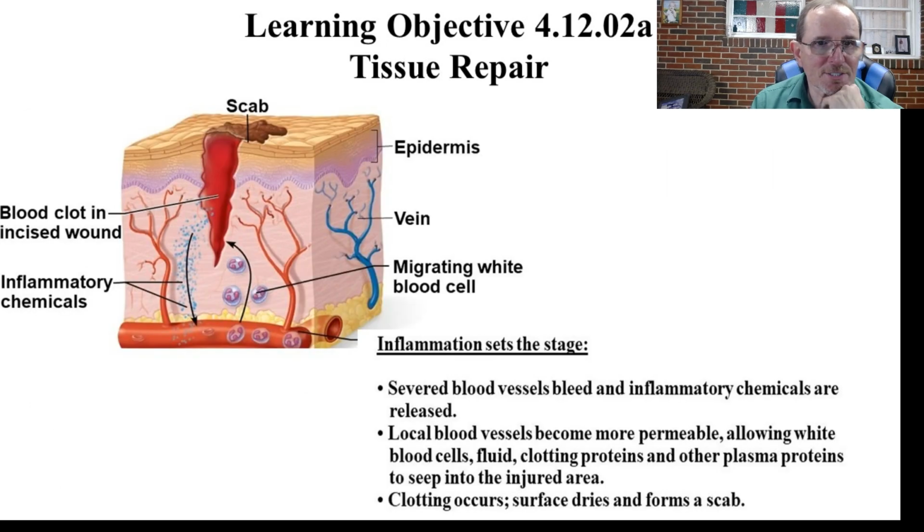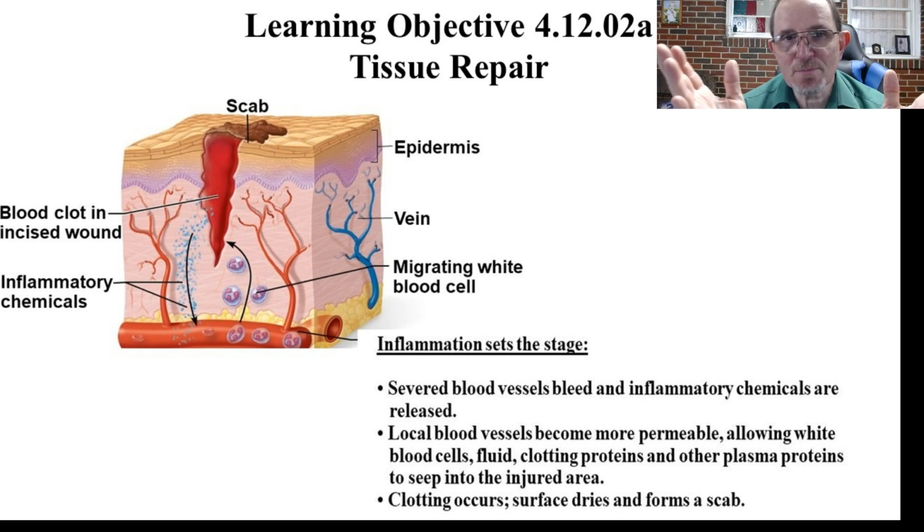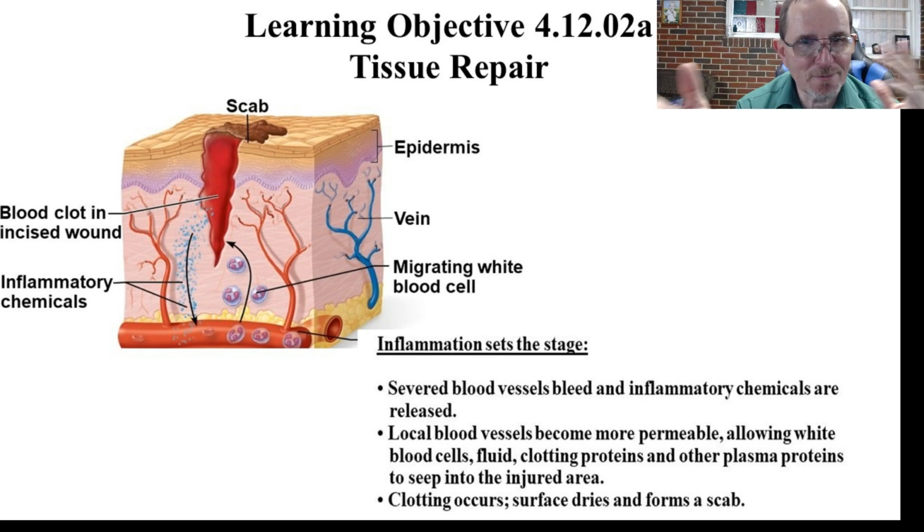And they've already talked about the clotting. Let's see this. So there's a blood clot. Because of the damage, the cells have released the pro-inflammatory chemicals, and also we got the other guys.